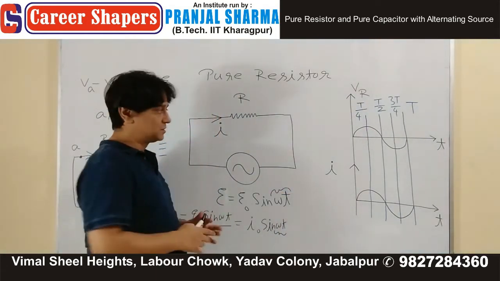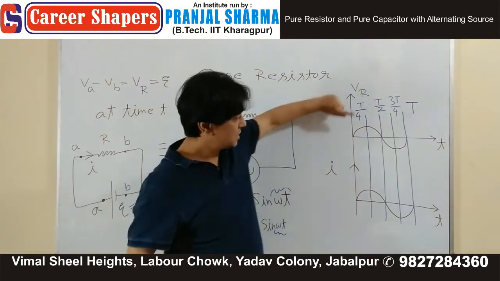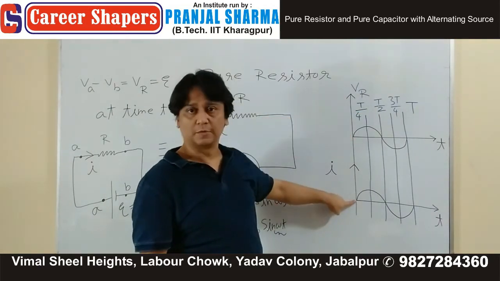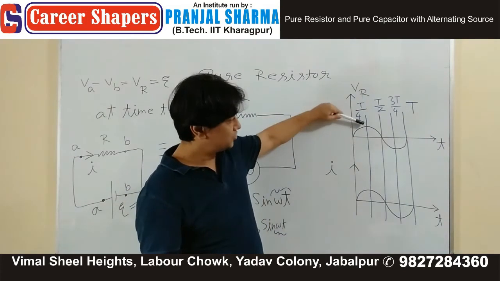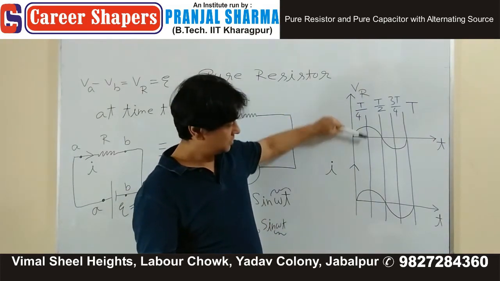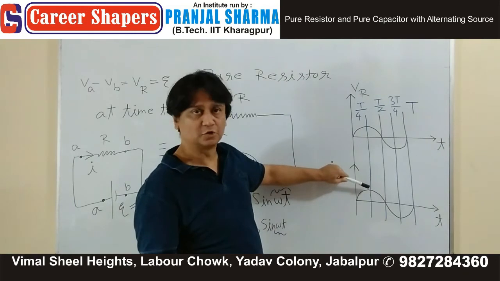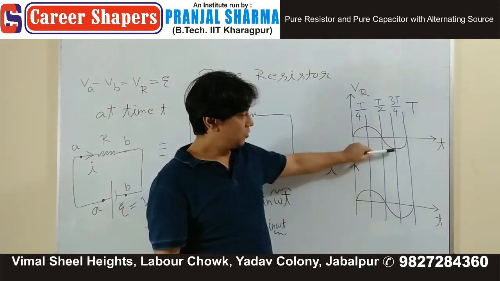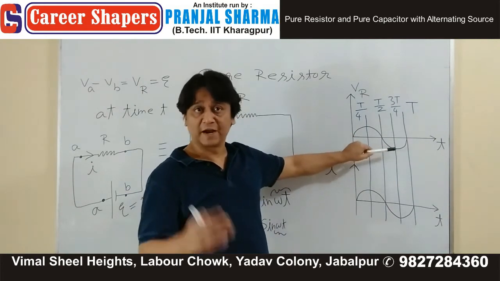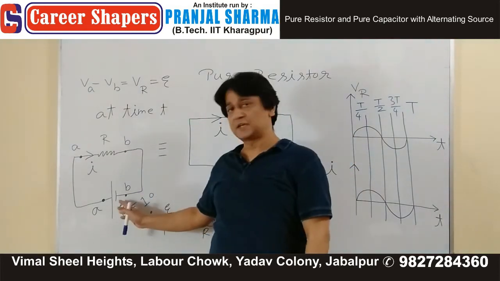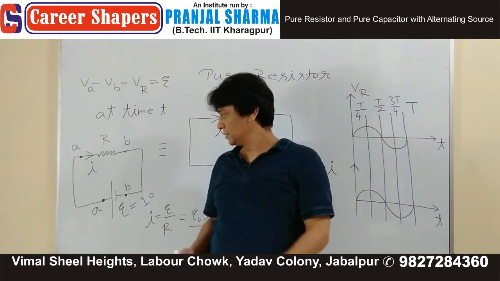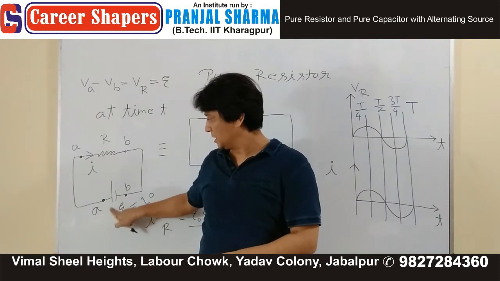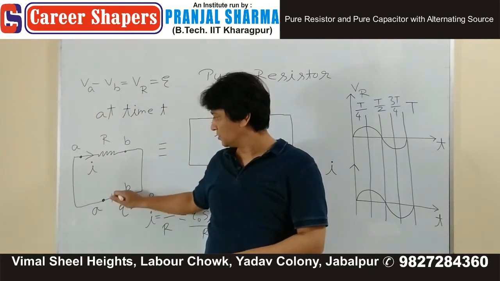So what you can see is when potential difference is 0, current is also 0. When potential difference is maximum, we find that current is also maximum. When potential difference is 0, current is 0. When potential difference is negative, negative means this battery is connected with the reverse polarity. This battery is then operating like this.